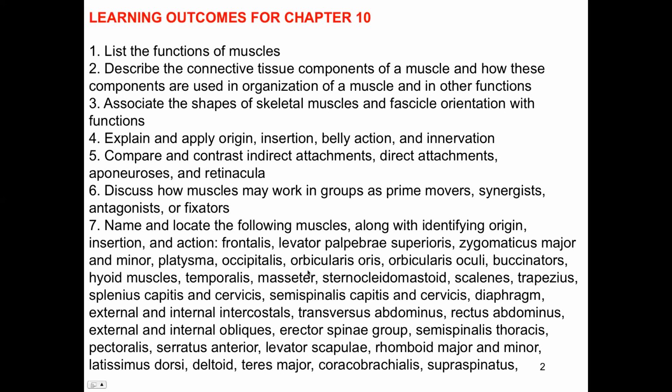All right. There's going to be some here that you don't have in lab, because in lab, we don't have any way of seeing any of the deep muscles. And some of these muscles are deep. All right. And then it says identify the action. So use your judgment. Some of them are going to be pretty obvious right away what their action is. All right.